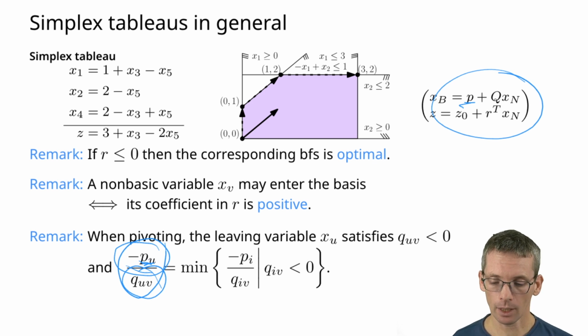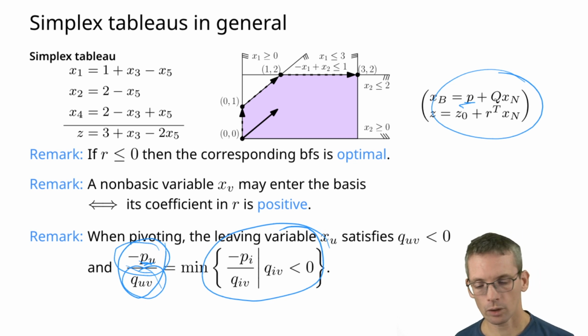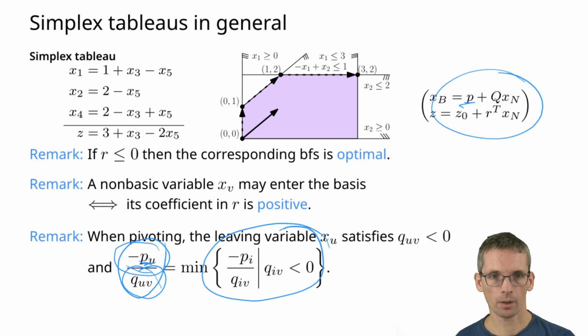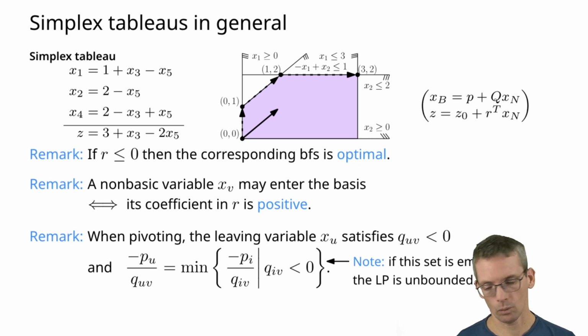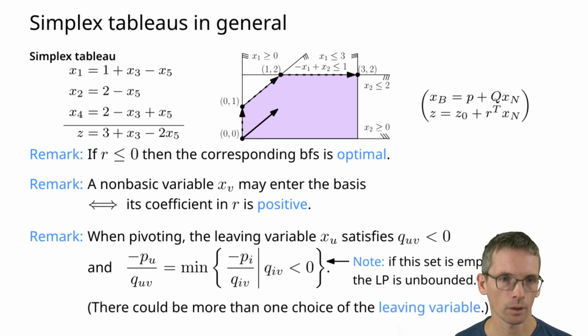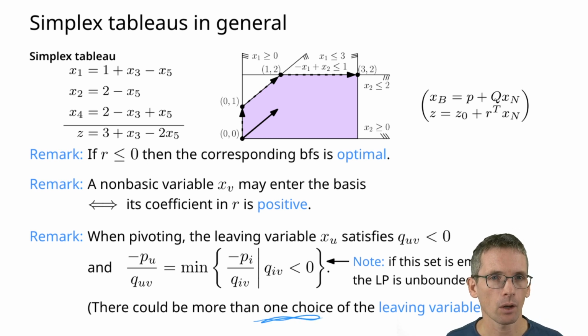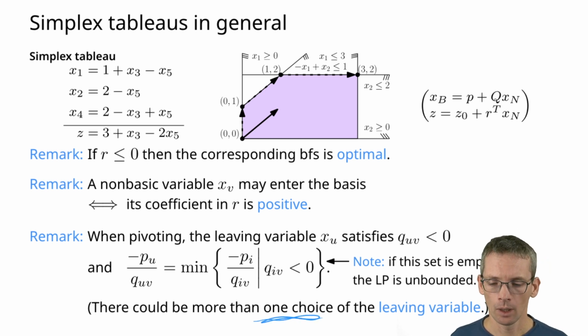And in case I'm taking the minimum over an empty set here, so there is none, which constrains the variable that I want to include in the basis, then actually we have an unbounded LP. And also there might be several choices for the variable that is leaving, and then we need appropriate rules to choose which one.